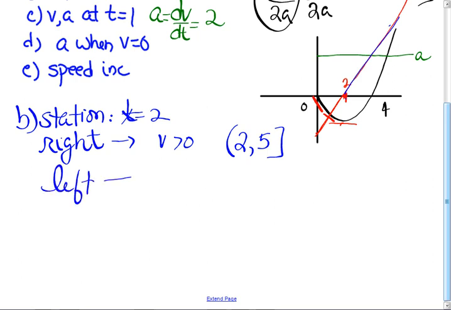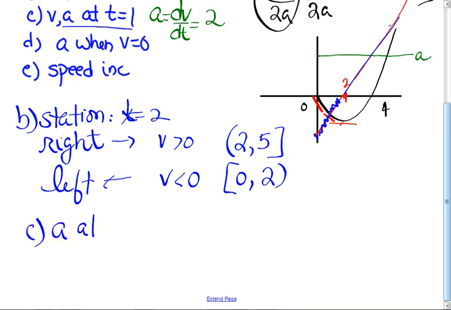It's moving to the left when the velocity is negative, which is down here. What's that interval? Do I get to include 0? Yes, it's negative. It's tricky because it's a detail. I don't like details either. And I go to 2 because that's the part I always get wrong. Okay, that was it. C, what's the acceleration at t equals 1?